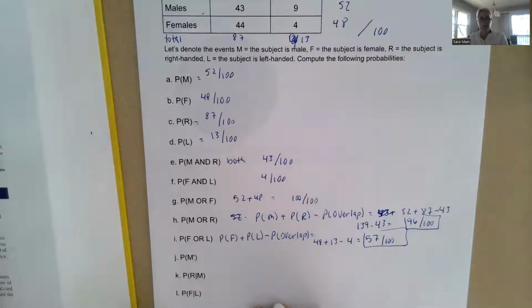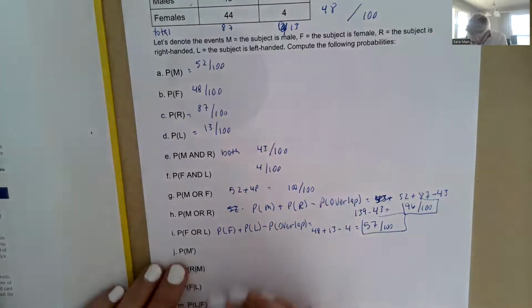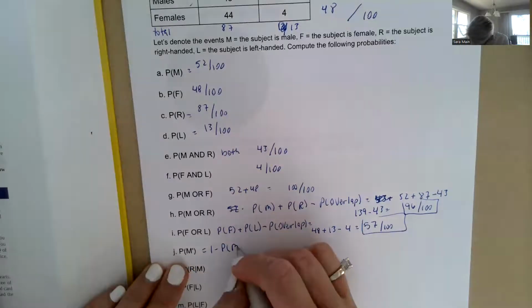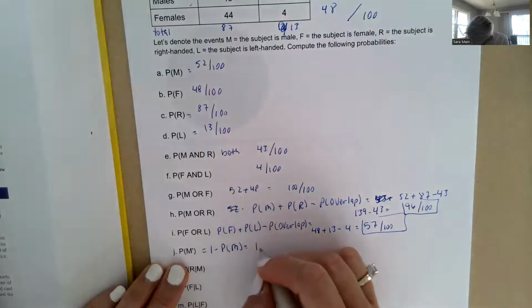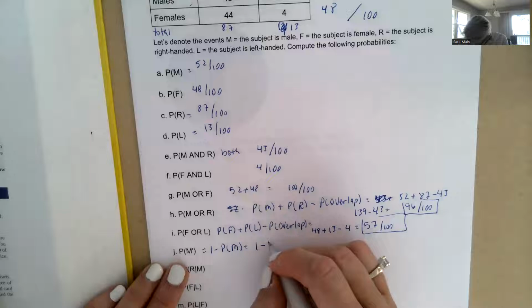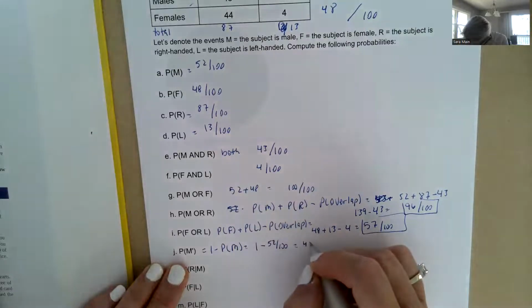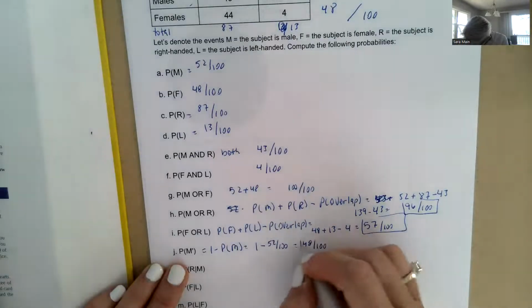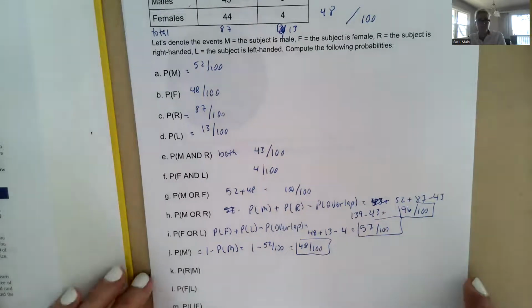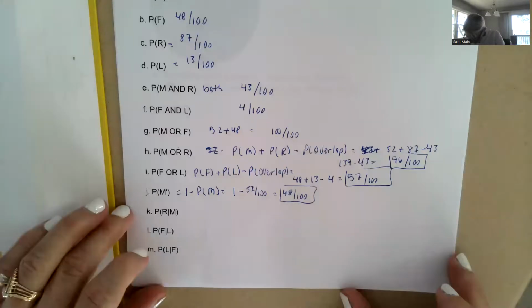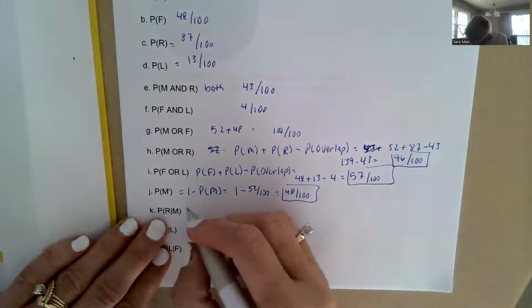What about the probability of M prime? So not a male. So we could do 1 minus the probability of being a male. The probability of being a male is 52 over 100, so not a male is 48. What about the probability of R given M?